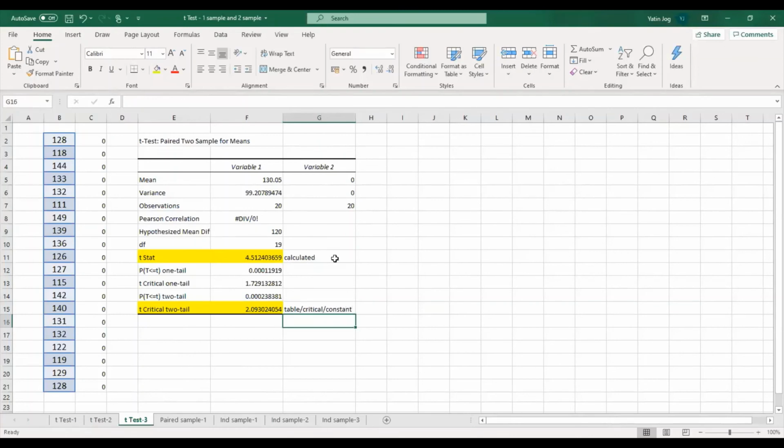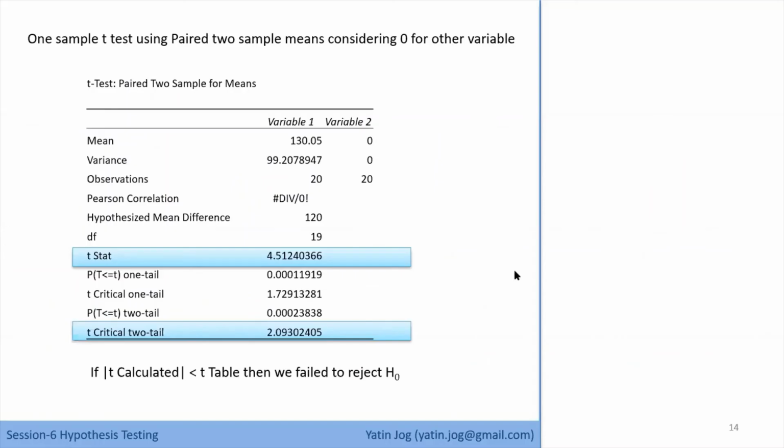We always compare the calculated value with the critical value. In this case, the t statistic is greater than the critical value. We reject H0. So this is how you can tweak the two sample means function of Data Analysis for one sample, and calculate the one sample t statistic.